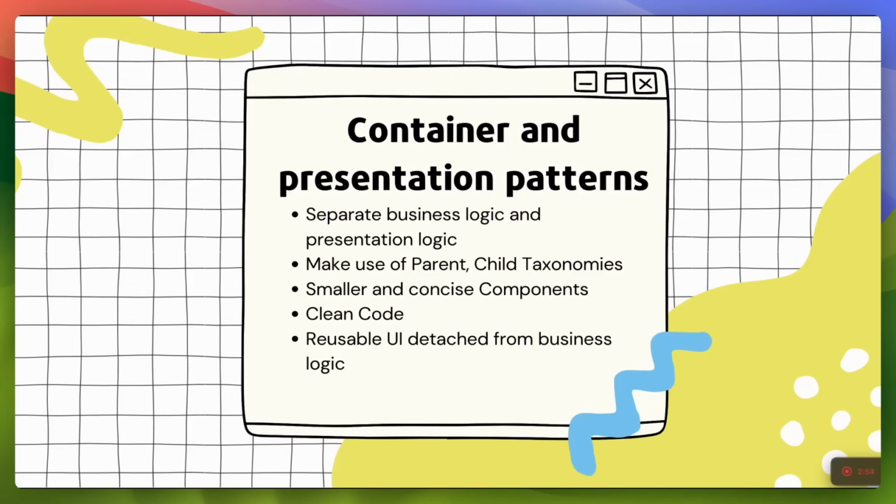And whenever you reuse this component, although you only need to use UI at other places, you still end up importing all the business logic at all other places. So this design pattern helps you avoid such redundancies. Let's take a look at React code to better understand how this pattern works and how you can apply it.